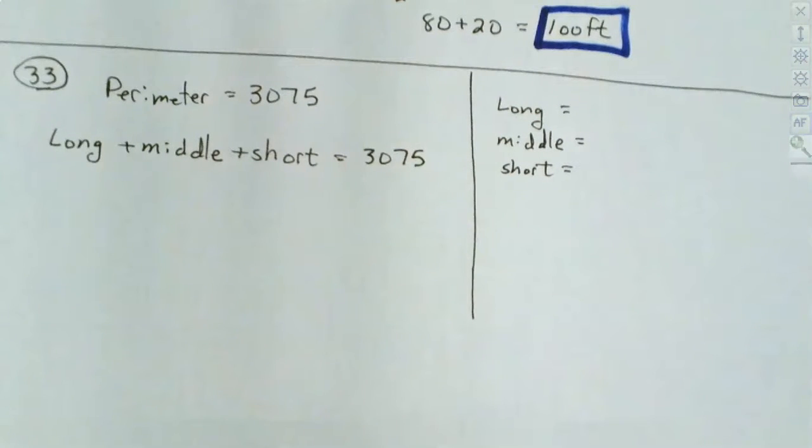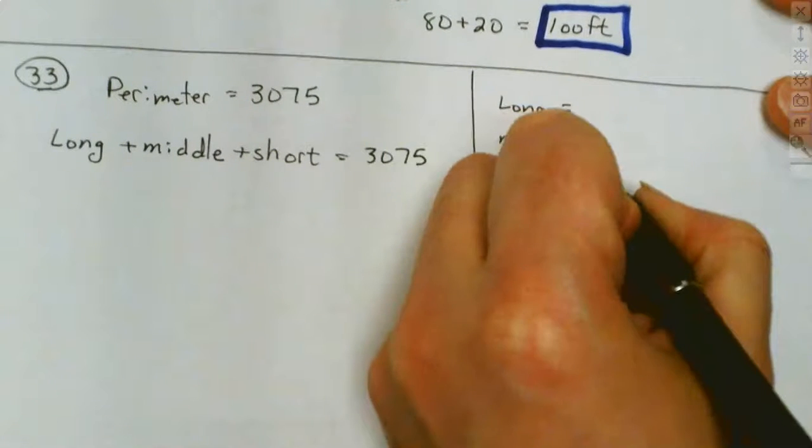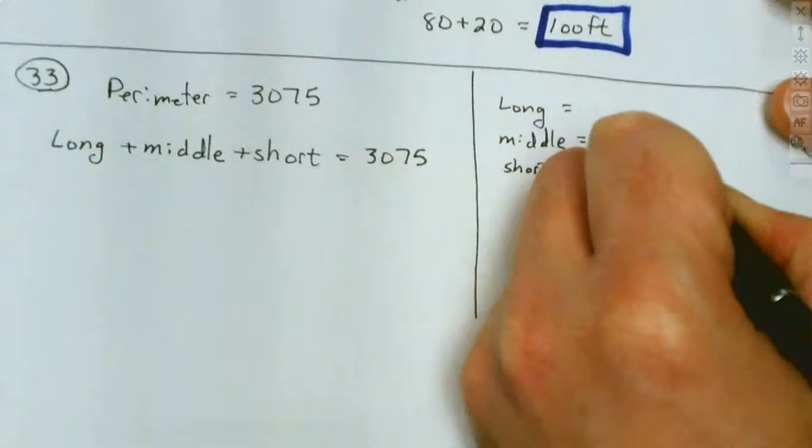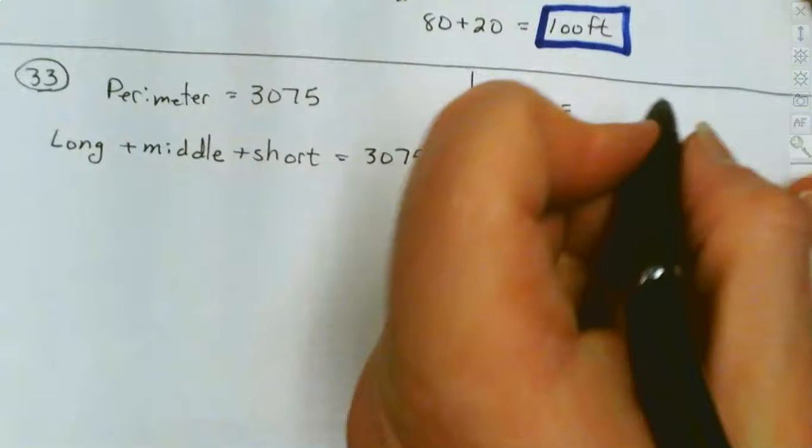We're going to write it up with words, then we'll transfer those words into variables to come up with our equation. So the shortest side measures 75 miles less than the middle. So the short side is going to be the middle minus 75.